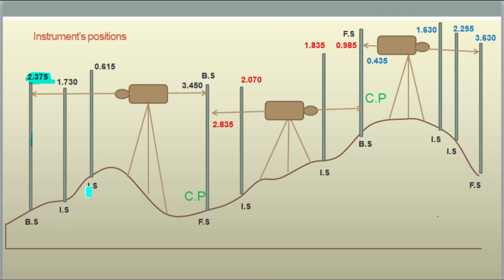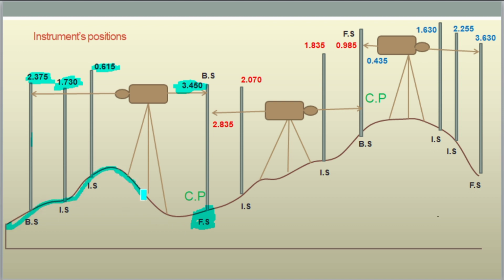And then we have intermediates; we had 2 intermediates. Then we have our last reading as the foresight. So these are the intermediates, and here we have our foresight, the last reading taken with the instrument.